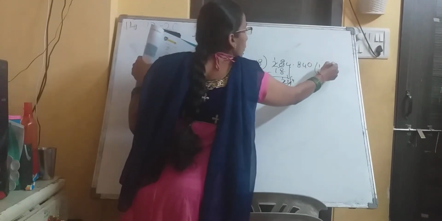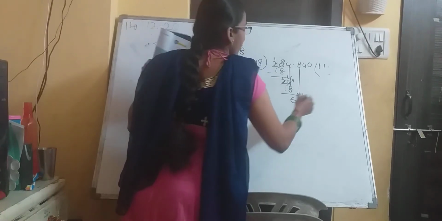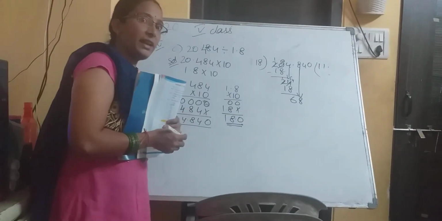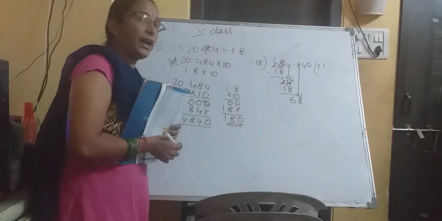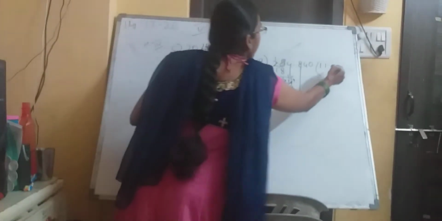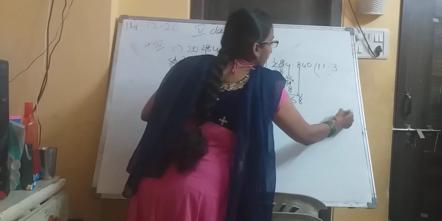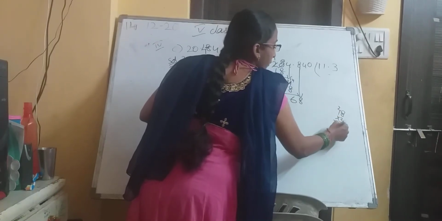Now this point will go here. Now 8 comes down. 18 table, 68 comes, children. 18 ones are 18. 18 twos are 36. 18 threes are 54. 18 fours are 72. 18 into 3 you do here. 8 threes are 24. 3 ones are 3, 4, 5, 54.